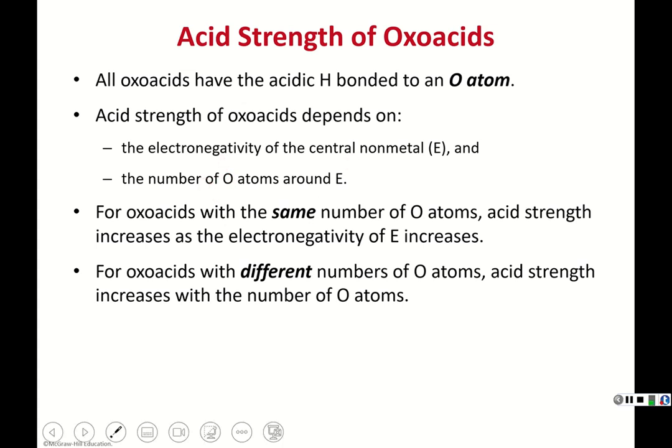For oxoacids that have the same number of oxygens, the acid strength increases as the electronegativity of the other non-metal increases. For oxoacids with different numbers of oxygen atoms, the acid strength increases with the number of oxygen atoms. So the stronger oxoacids will have more oxygens, and a more electronegative non-metal bonded to those oxygens.